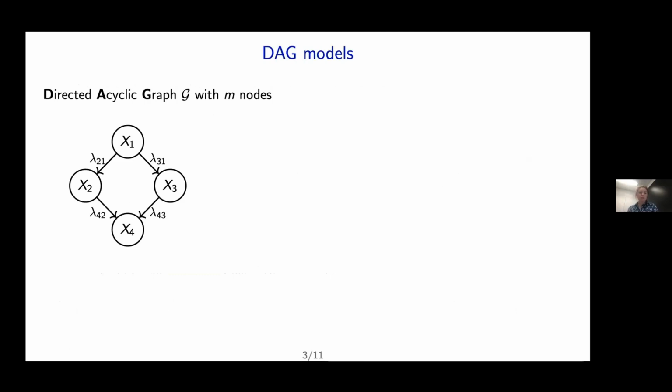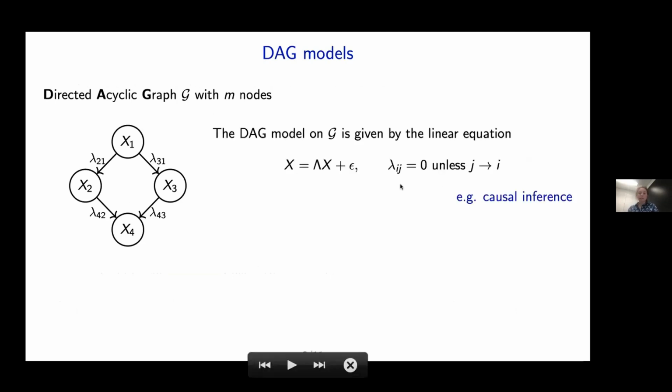If we have a directed acyclic graph, or a DAG, which I'll call G, with M nodes, for example this DAG over here, then we can assign a DAG model to it, which is given by a linear equation, x equals lambda x plus epsilon, where lambda records the weights on the edges that connect these different random variables.